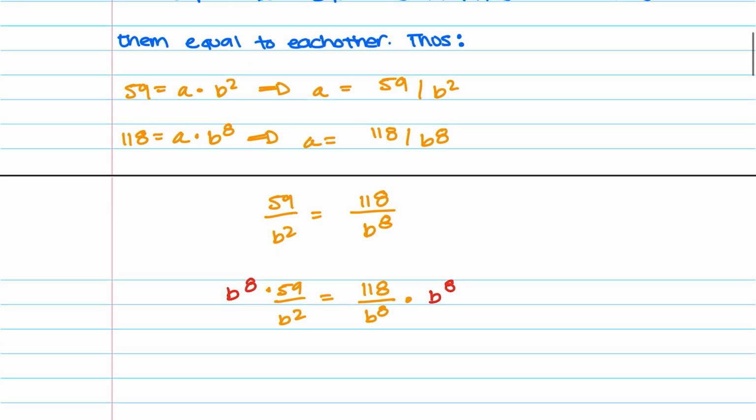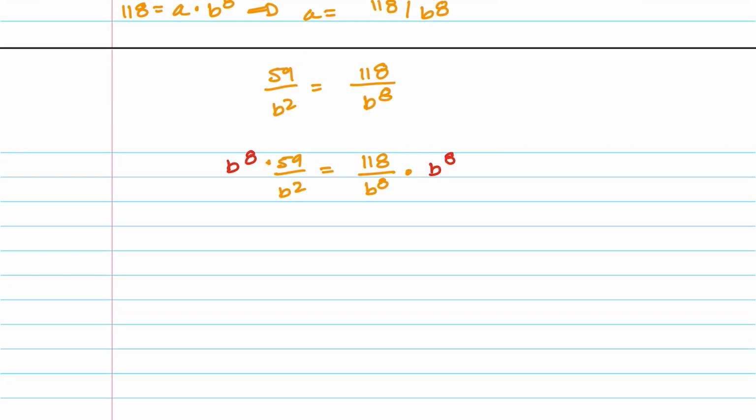And so we end up with 59 times b to the 8th, all divided by b squared. On the right-hand side, by multiplying 118 over b to the 8th by b to the 8th, the b to the 8th cancels out, and we just end up with 118. Let's continue simplifying the left-hand side by using exponential properties.